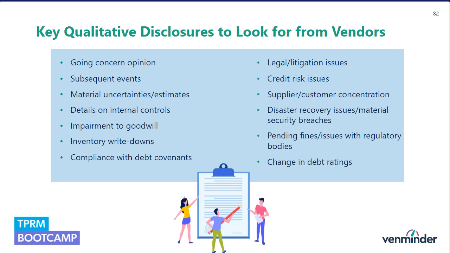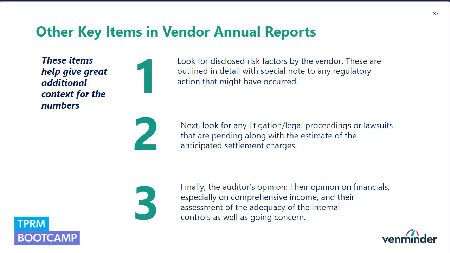So again, always important, as we saw in those other examples, to review those footnotes and review some of the qualitative information that is found in these financial statements when possible. Other key items to review include those risk factors, as I mentioned, the litigation and legal proceedings, and then the audit opinion.